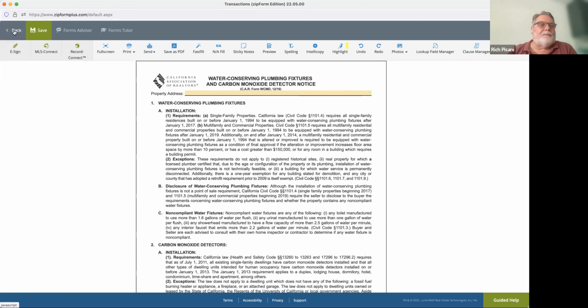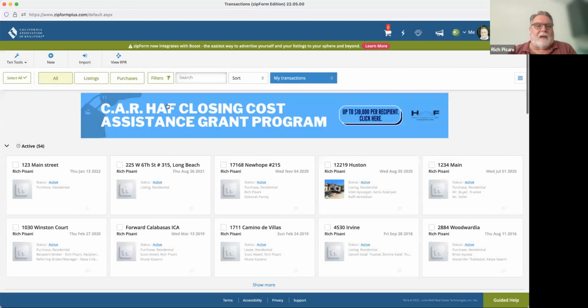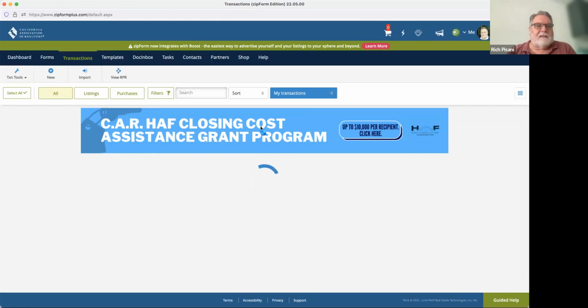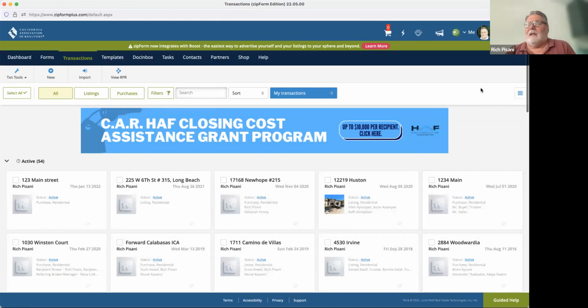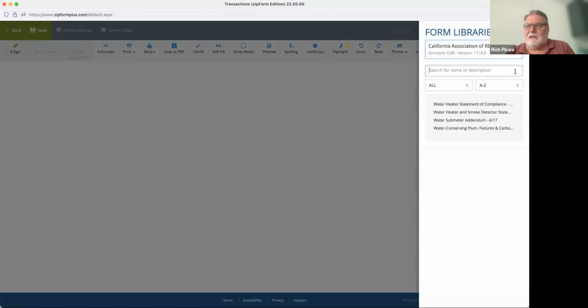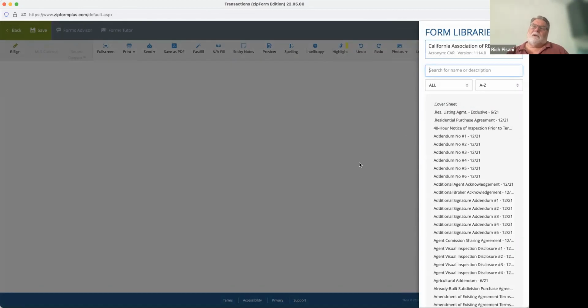So the last thing that I'm going to go over really quick is the earthquake report and the receipt and all that. Confirm to me that you're seeing the forms library here on the right hand side. Where my cursor is?